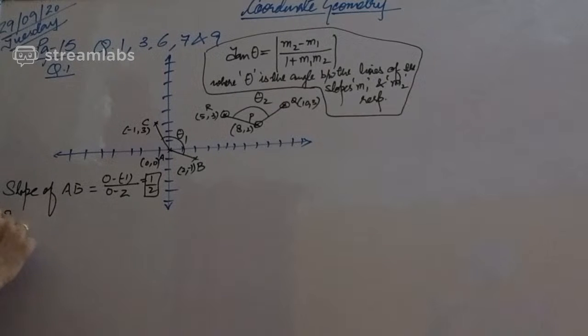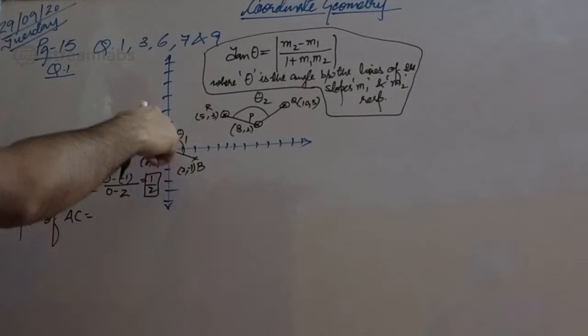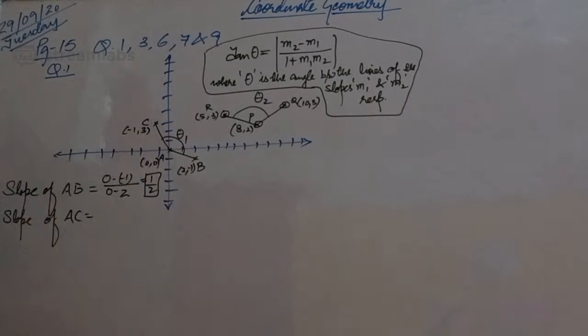Similarly, slope of AC, because I need to find angle A, so I'll find the slope of AC and the slope of AB. Hope you're getting this. So it will be (3 minus 0) divided by (-1 minus 0), which will come minus 3.